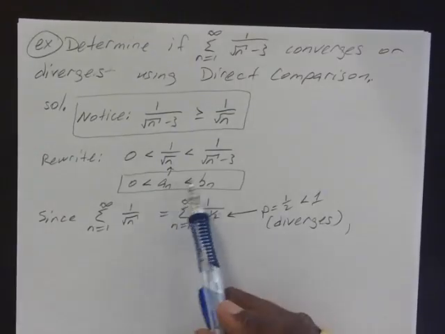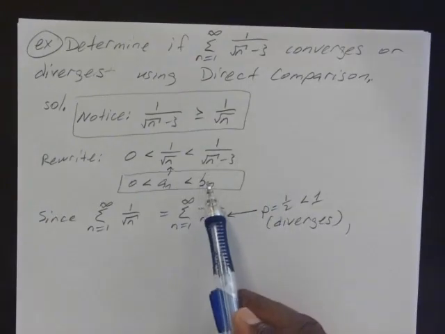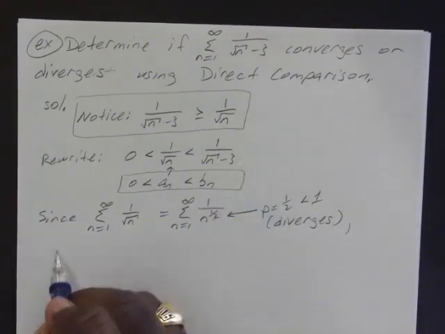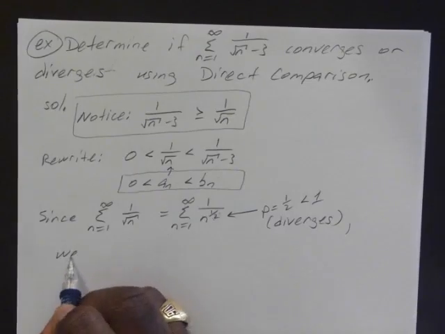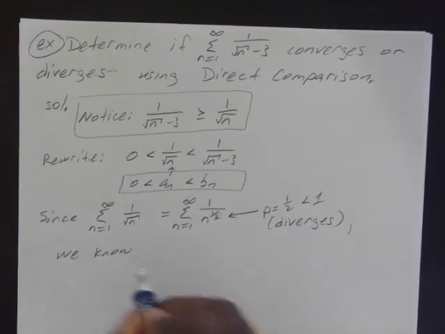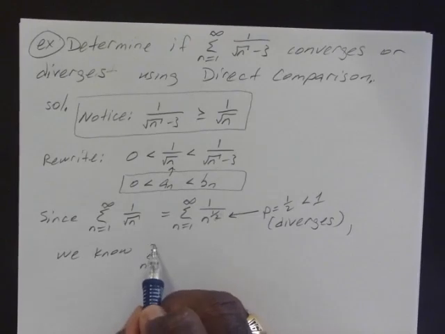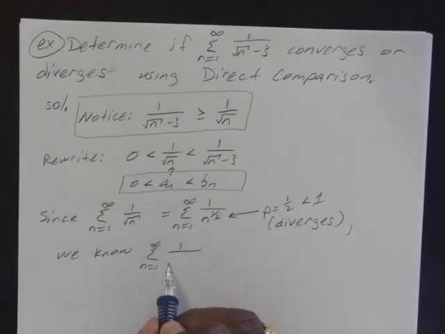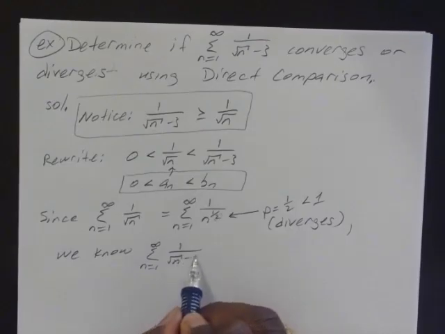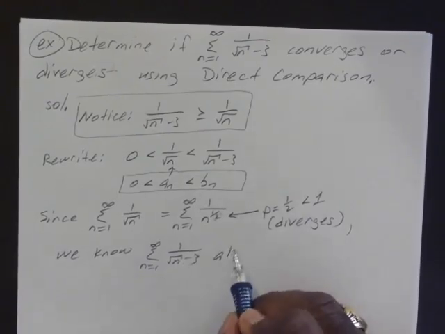So since your a sub n diverges, your b sub n is also divergent. So we know that the series from n equals 1 to infinity of 1 over the square root of n minus 3 also diverges.